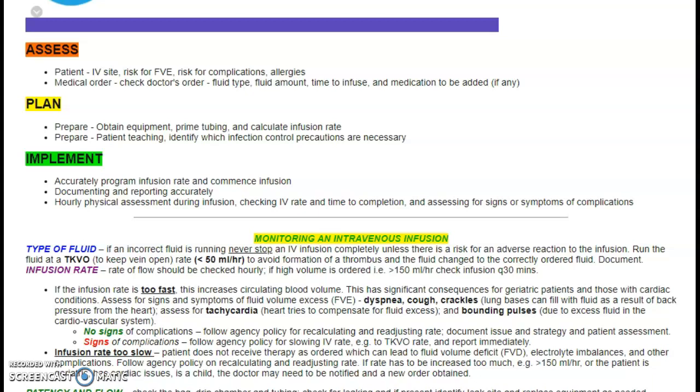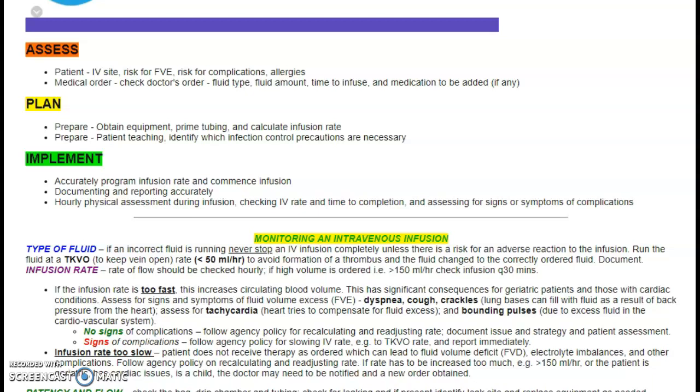It's important to understand why the doctor has ordered that particular fluid, tied in with the patient's diagnosis and the purpose for the fluid, in order to make sure that the right fluid has been ordered. Should an incorrect fluid have been ordered, you will need to call the doctor to address this issue.